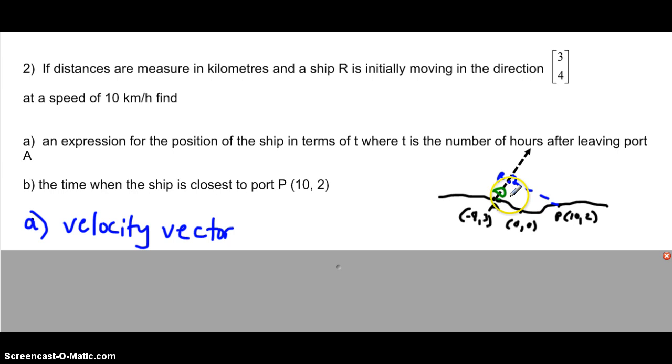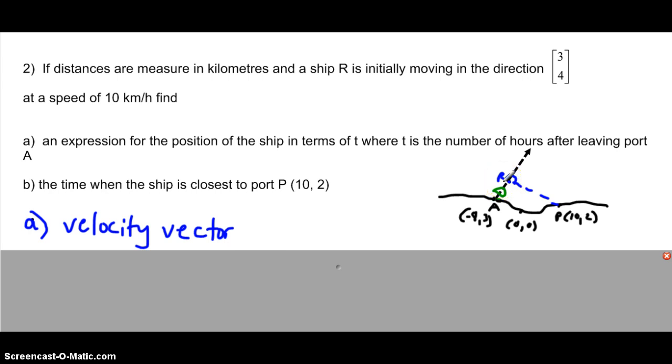They want us to find when it's going to be closest to the port, P. Before that, it wants you to show the position of the ship in terms of t along this vector, and that helps you find when it's going to be closest to the port. So first we have to find our velocity vector, because we want our parametric equation along here so that we can find PR.